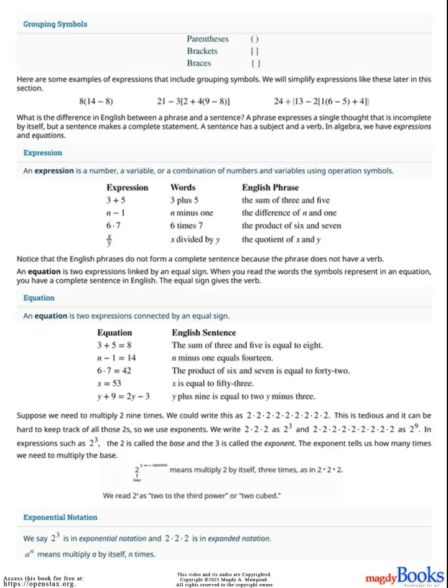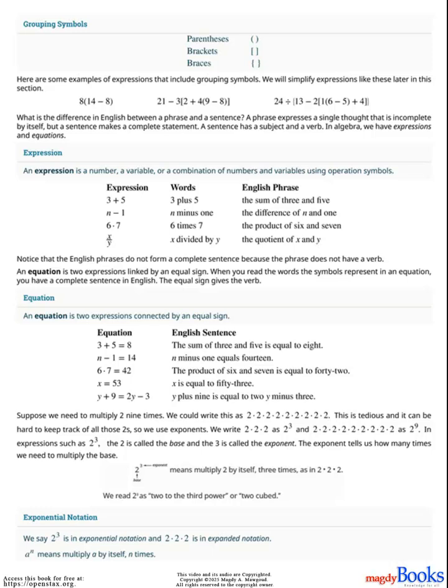The product of 6 and 7 is equal to 42. X equals 53. X is equal to 53. Y plus 9 equals 2y minus 3. Y plus 9 is equal to 2y minus 3.